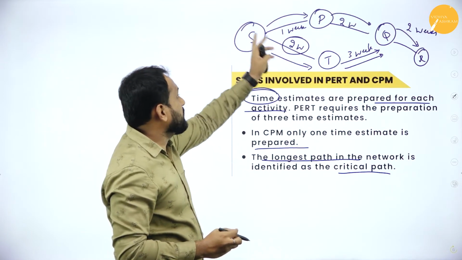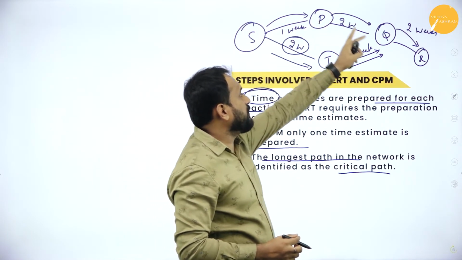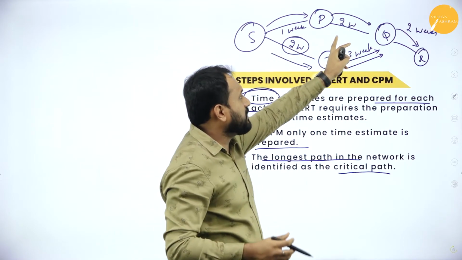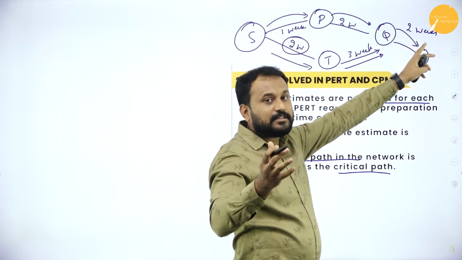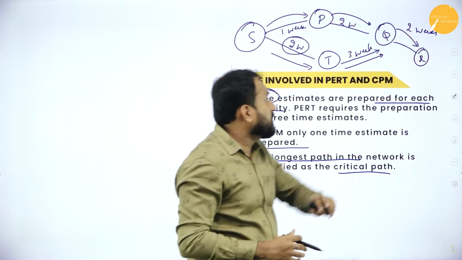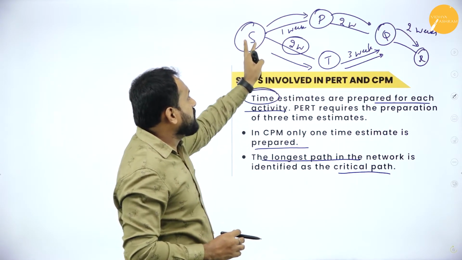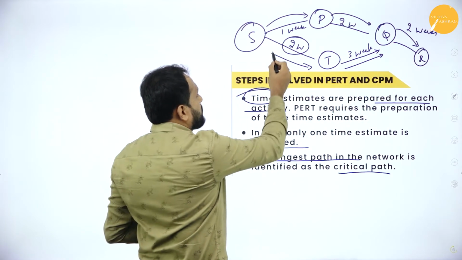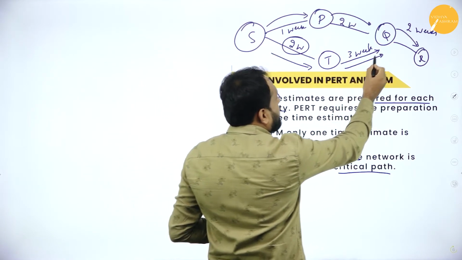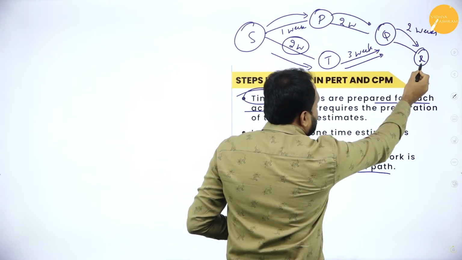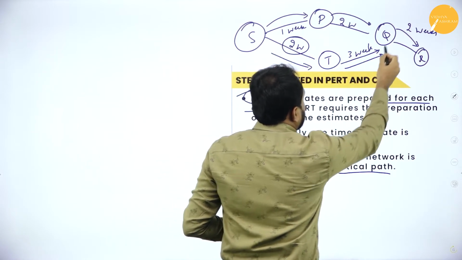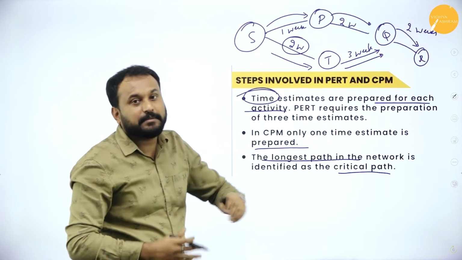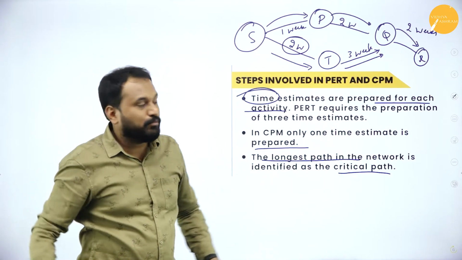Here from S to P, P to Q and Q to R, I'll take 1 plus 2, that is 3, 3 plus 2 is 5. To finish this I go with 5 weeks. But the other path is 2 weeks plus 3 weeks is 5, then again here 2. That means this is the lengthiest path. We call that the critical path because the time duration is more.